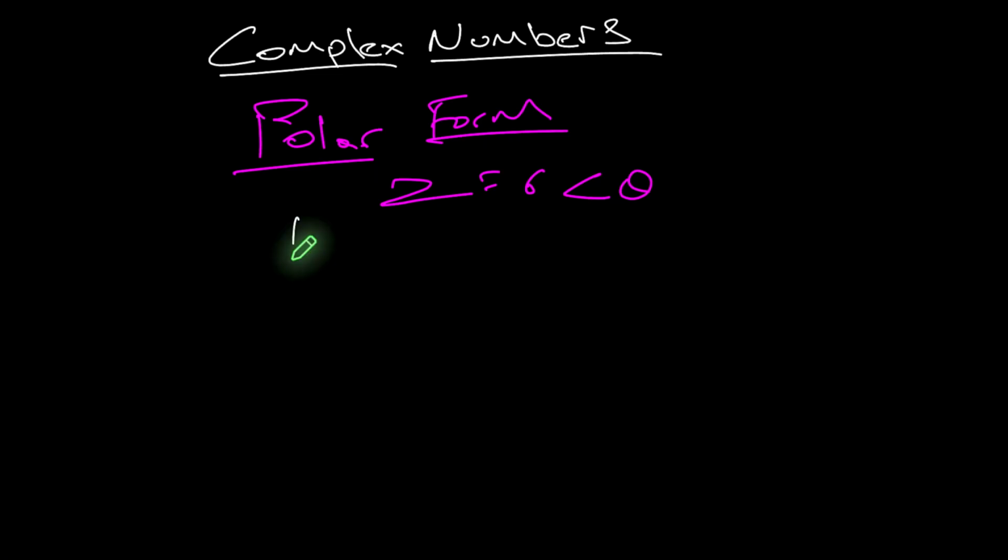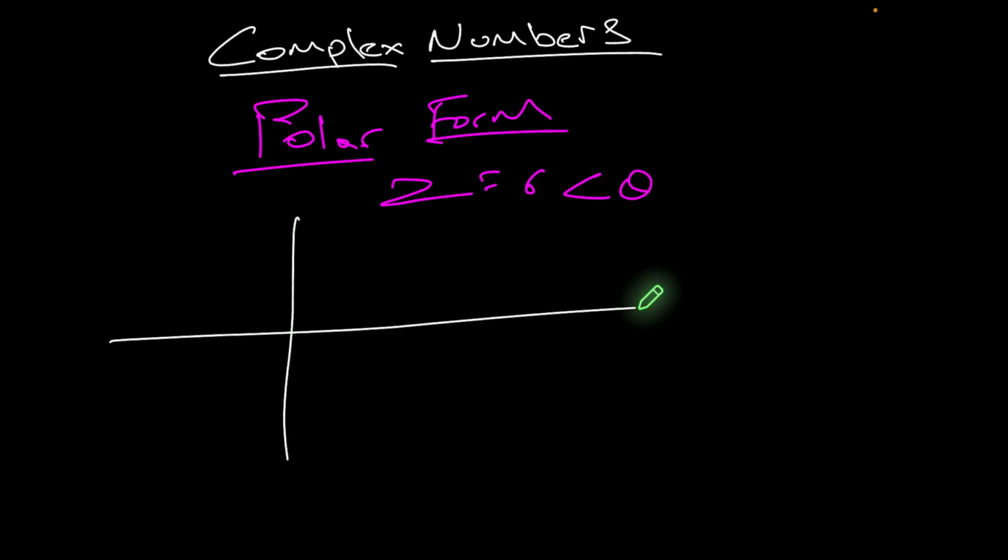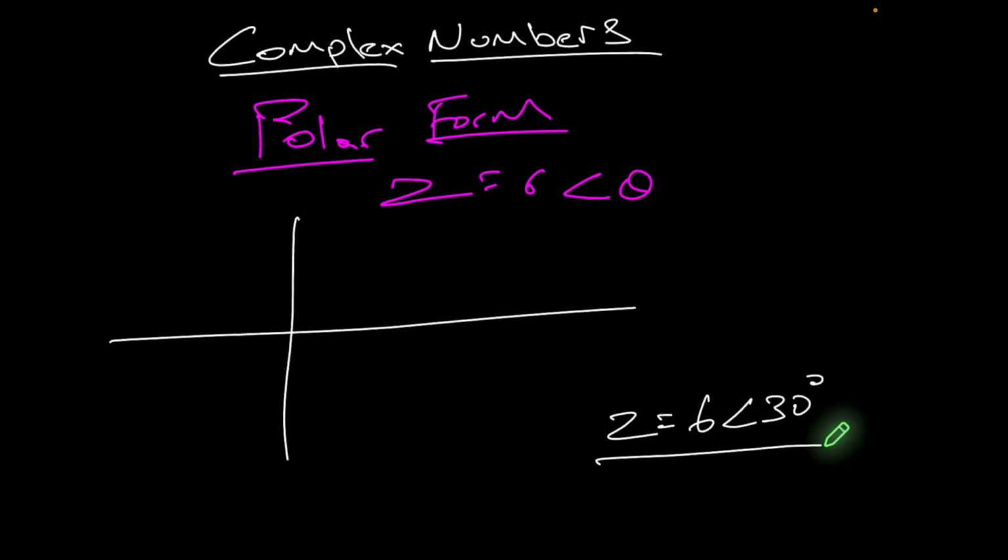So if I just draw up a sketch like that, then let's say we had something like z equals 6 at 30 degrees. The 6 would represent our magnitude or our resultant, and the 30 degrees would represent our angle. Now our 6 and 30 would be represented just like that.